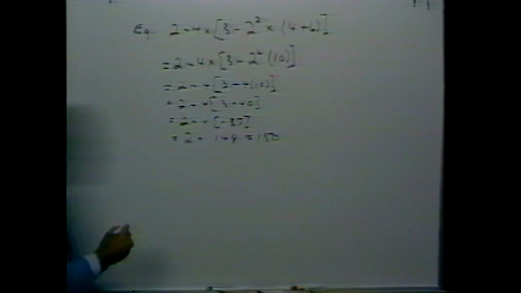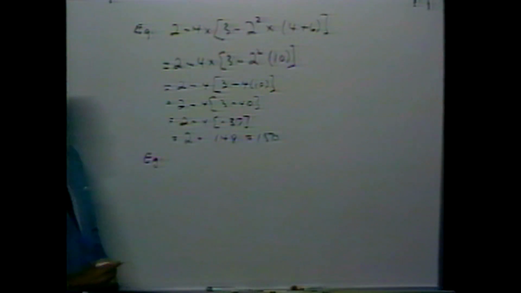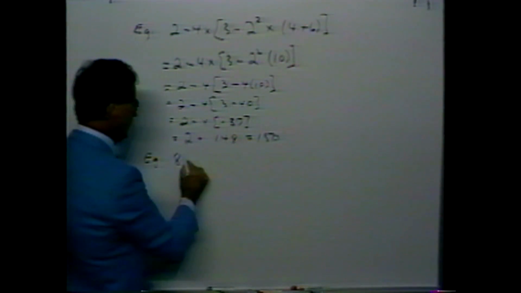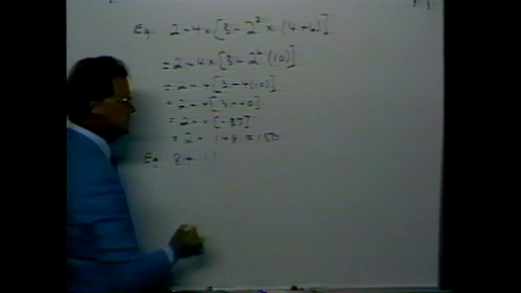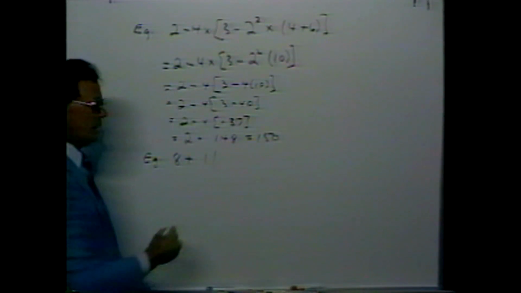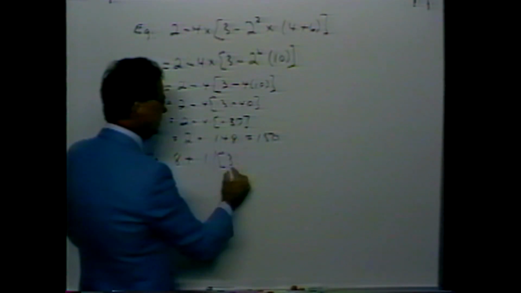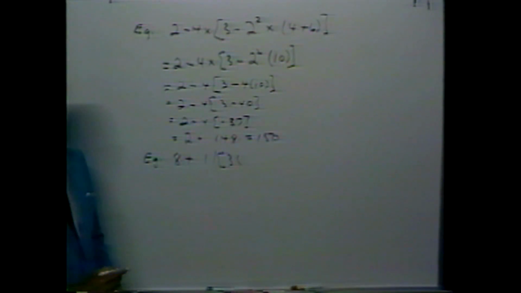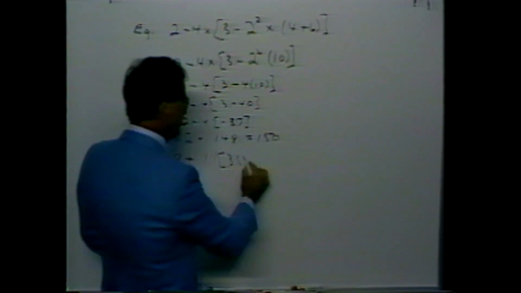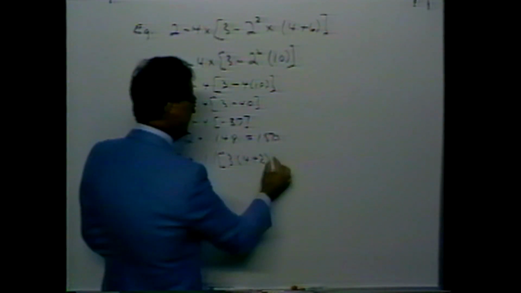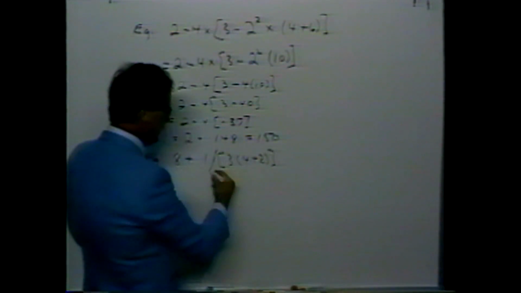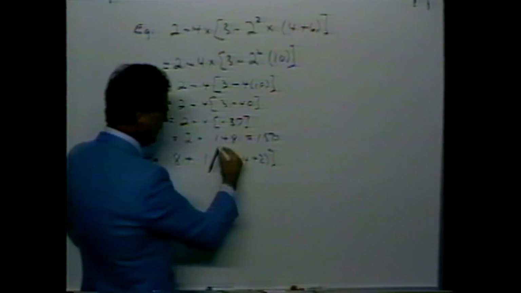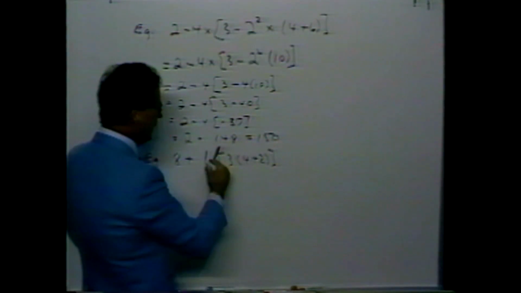In another example, I have 8 plus 1 slash, square brackets, 3 multiplied by, round brackets, 4 plus 2, close brackets. Now a slash like this, if you recall, means divided by.